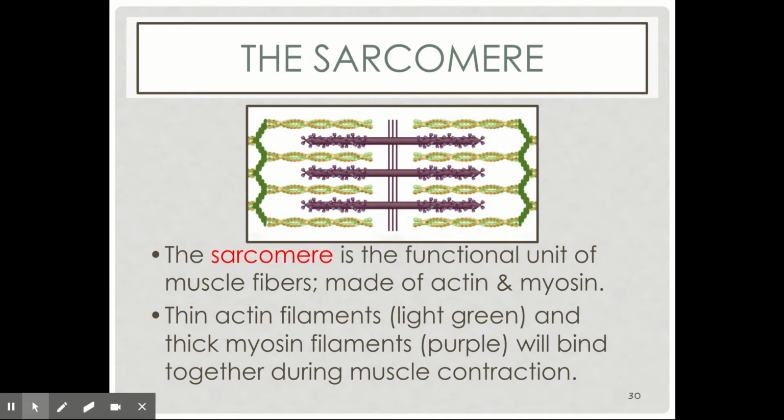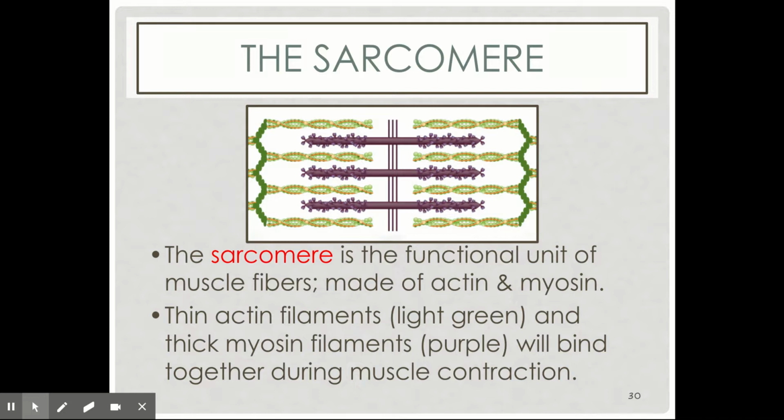Another vocabulary term that you will need to know is the sarcomere. The sarcomere is your functional unit of a muscle fiber. In other words, it is the single most important thing that works together in order to contract your entire muscle. Your sarcomere is made from actin and myosin.